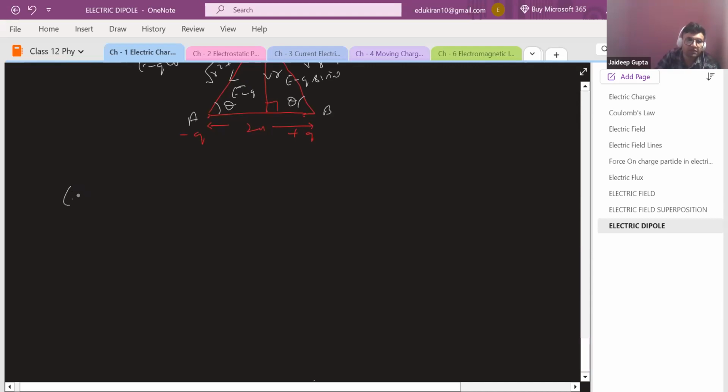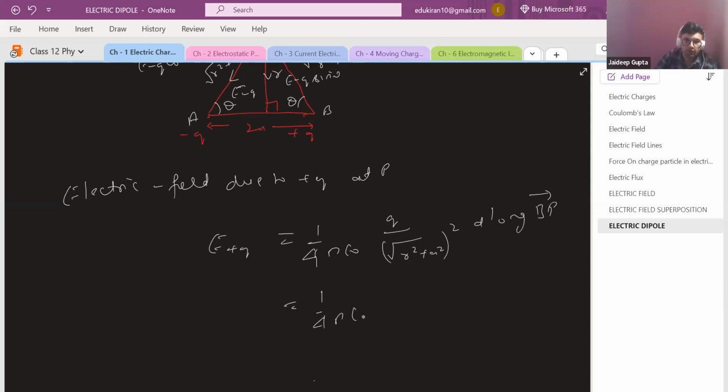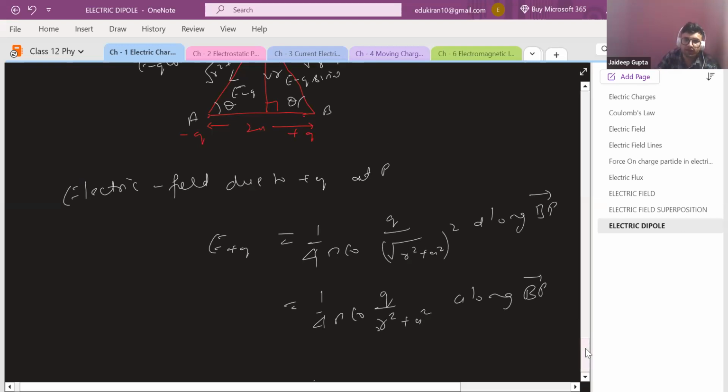Now, due to positive charge, the electric field at P equals E plus Q equals 1 over 4 epsilon Q over under root R square plus A square whole square, along P to V. Is it fine till here?